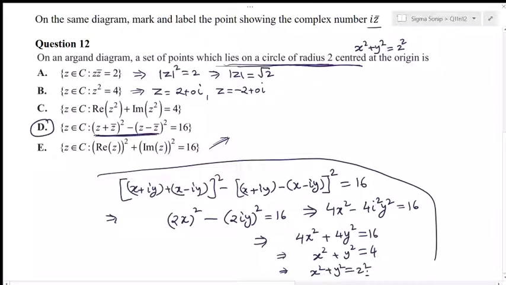So if I say z equals x plus iota y, then this definition of the set gives me the real part of z square, so x square, the imaginary part of z square, y square, equals 16. So again it gives a circle, but you can see that this circle has a radius of 4, whereas we needed a radius of 2, and therefore this is not the correct answer. The correct answer is D.